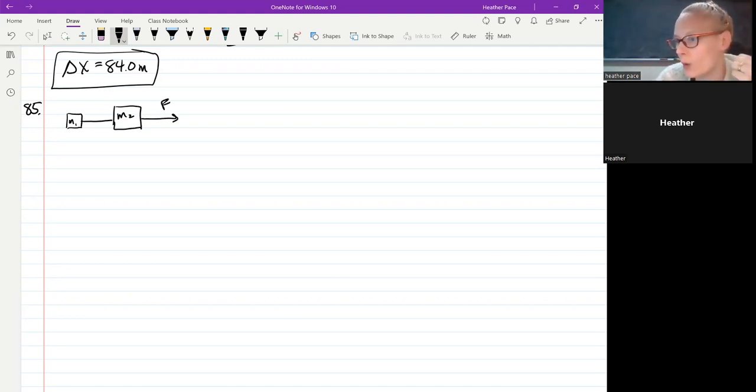And we're looking for acceleration and tension. So the tension is the force in that string. The force is moving this way. Tension then is going to be moving this way because it's pulling that forward.